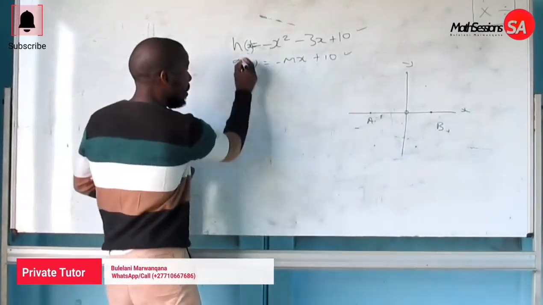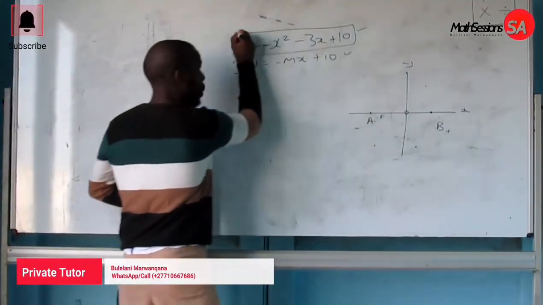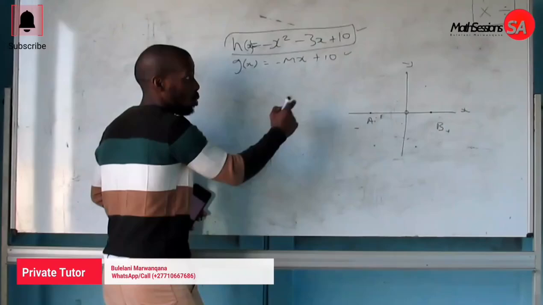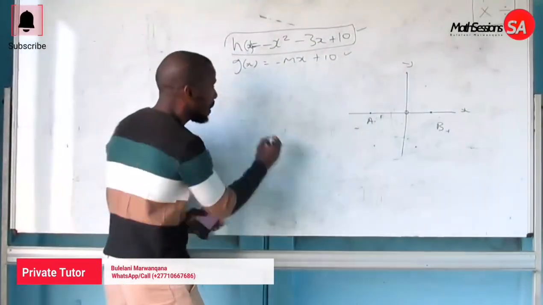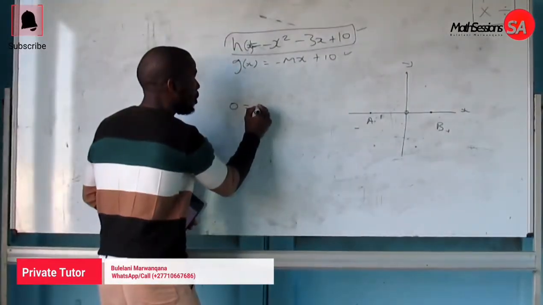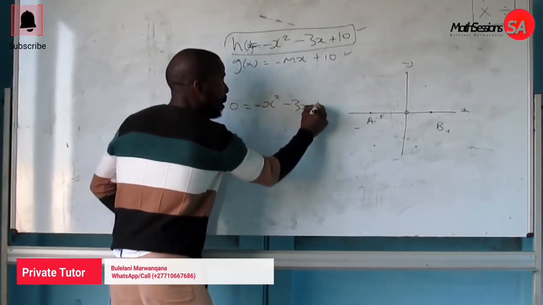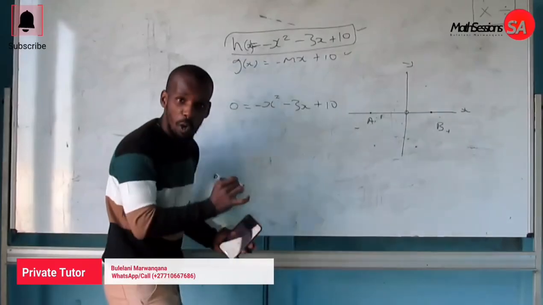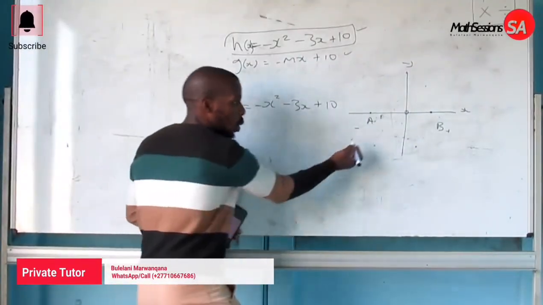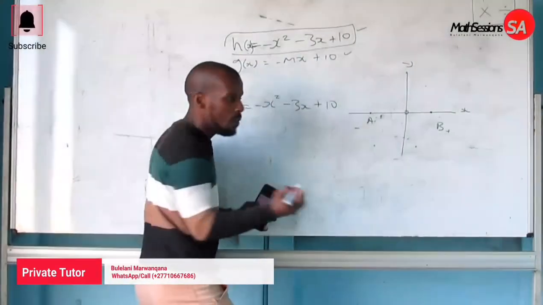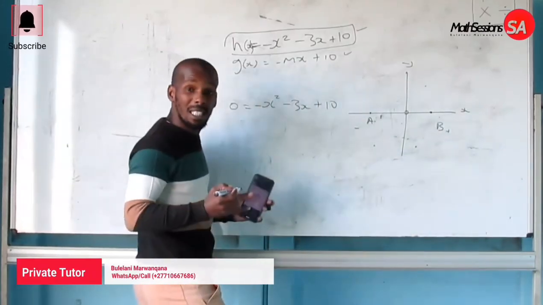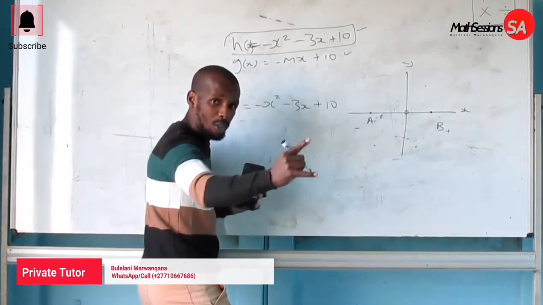What do I mean? I mean the equation of the parabola, h(x) equals negative x squared minus 3x plus 10, becomes 0 is equal to negative x squared minus 3x plus 10. Therefore, we determine our values. We must have a value of x that is negative and a value of x that is positive, so we have our 2 points.